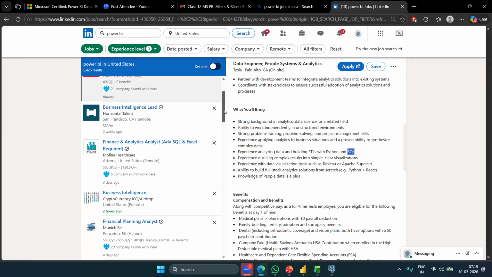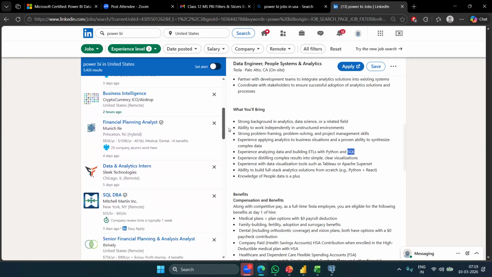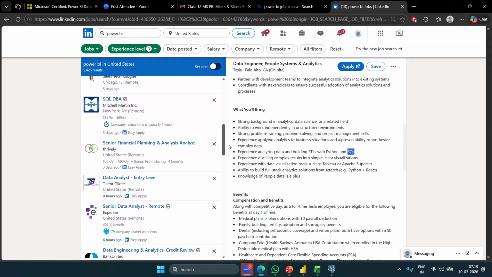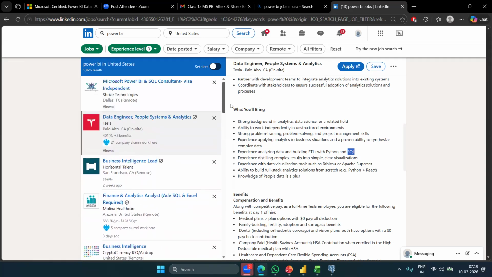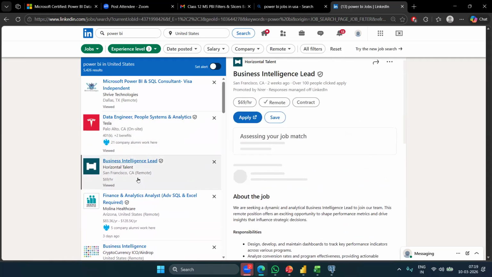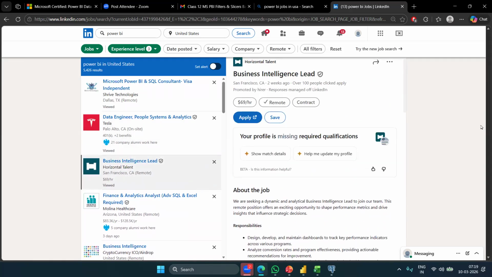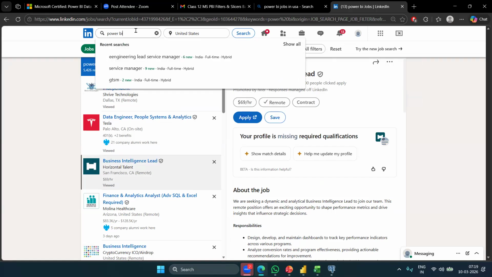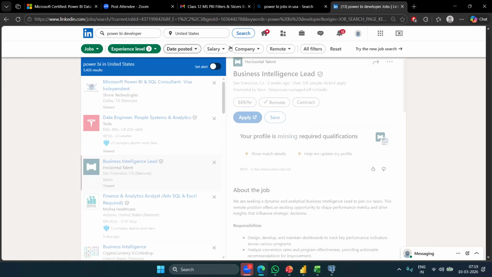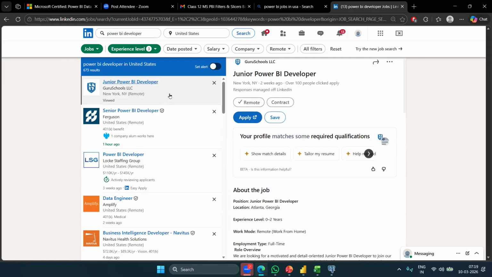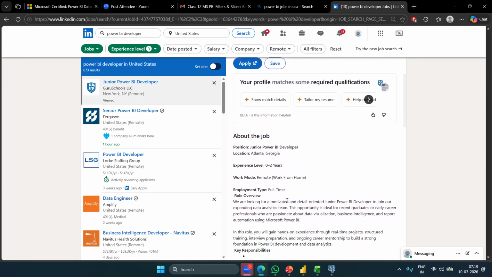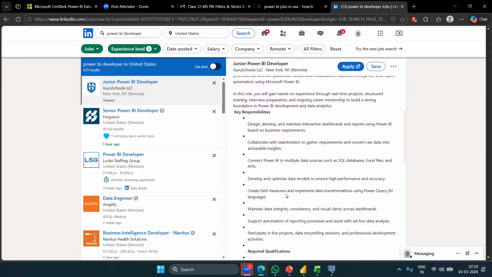Similarly, let me pick any other job opening that is related to Power BI. So see, these are all different openings that we are having. We will be touching base on business intelligence lead, right? Power BI developer. We can also further enhance our search with Power BI developer. Junior Power BI developer, Georgia, 0 to 2 years experience.